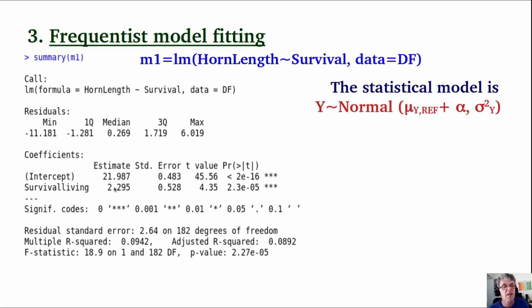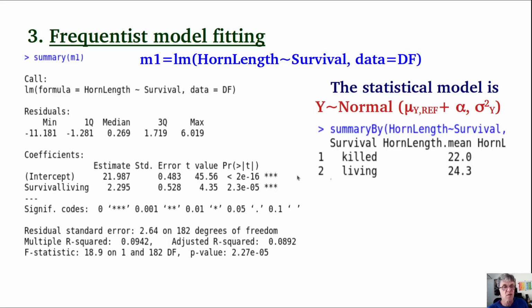More interesting is that this is the difference of means. This is the standard error of the difference of means, and this p-value says that this difference of means is statistically significant. So here we see again that killed is the reference group up to rounding errors, and the other group living has a mean of 24.3, which is roughly this difference of means between the two groups.